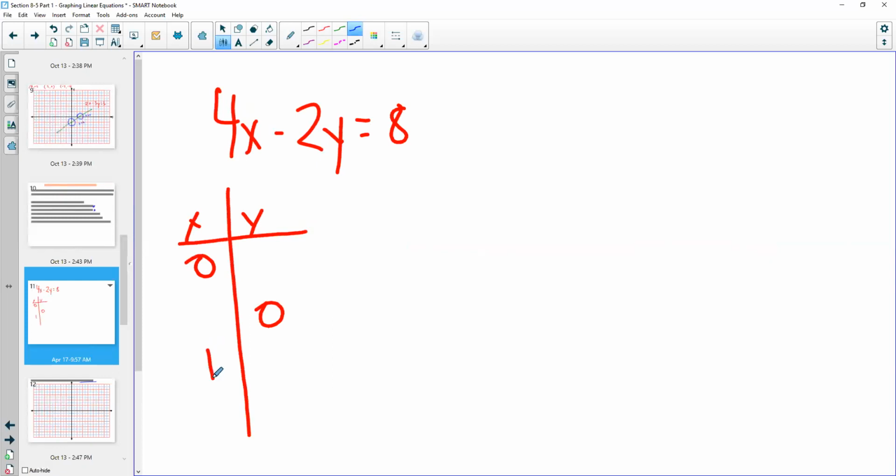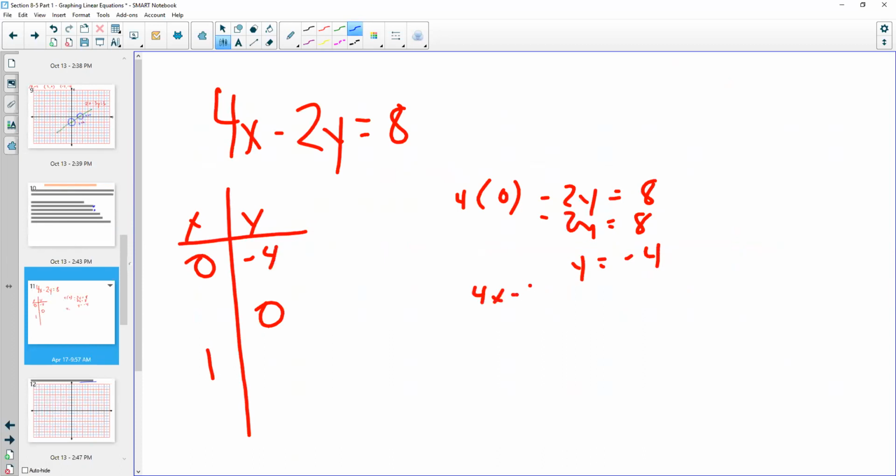All right, so when I put in 0 for x, I get 4 times 0 minus 2y equals 8. Minus 2y equals 8. Divided by negative 2, y equals negative 4. Okay. If I put in 0 for y, I get 4x minus 2 times 0 equals 8. 4x equals 8. x equals 2.